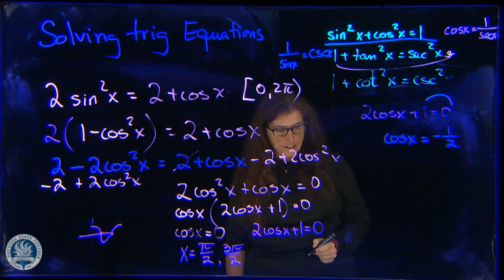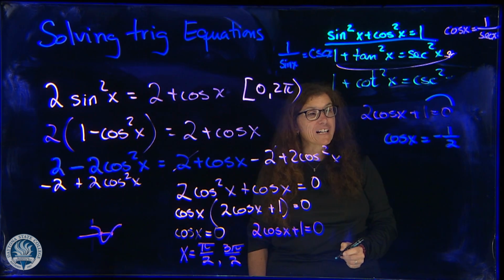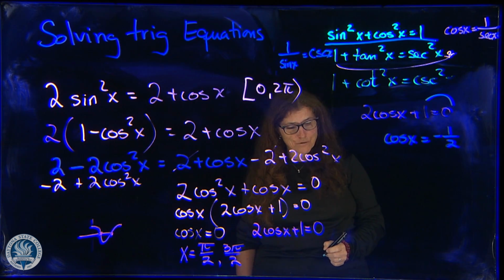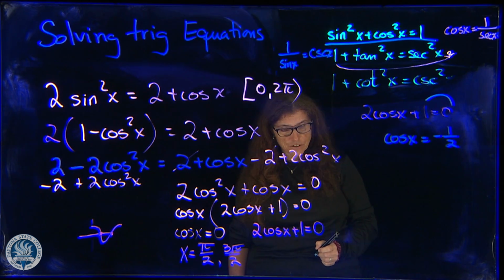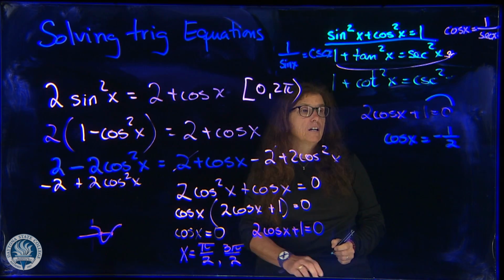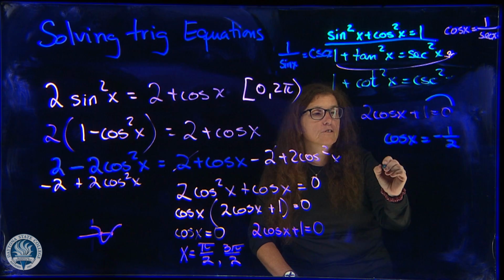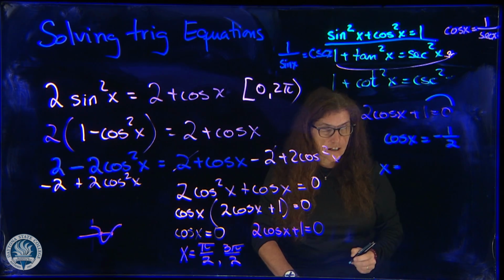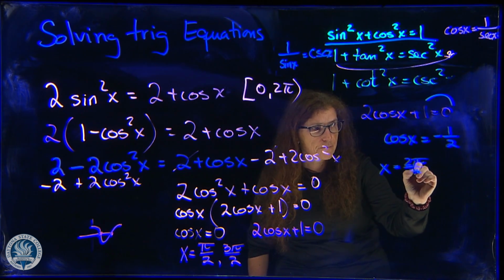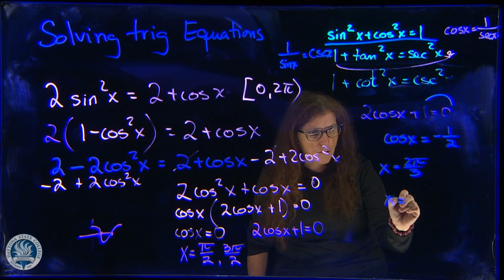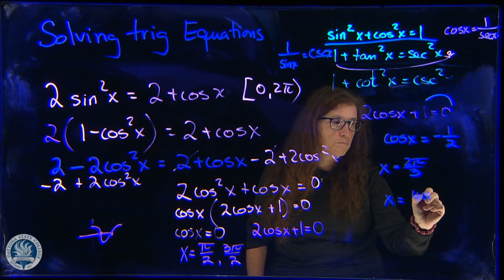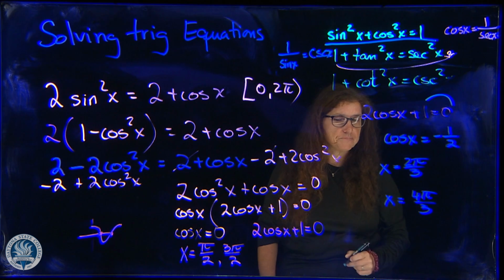For which angle is the cosine negative 1/2? Well, the cosine is negative 1/2 in quadrant 2 and in quadrant 3. So in quadrant 2, the angle is 2 pi over 3, and in quadrant 3, the angle would be 4 pi over 3.